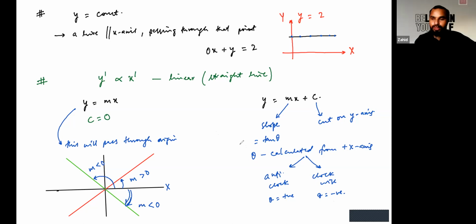So by simply knowing the equation of that particular relation, we would be able to define whether it will be a straight line, whether it will be passing through the origin, or whether it will cut the y-axis at some different intercept.